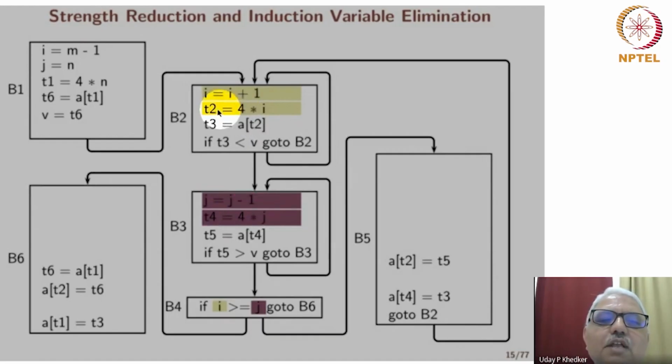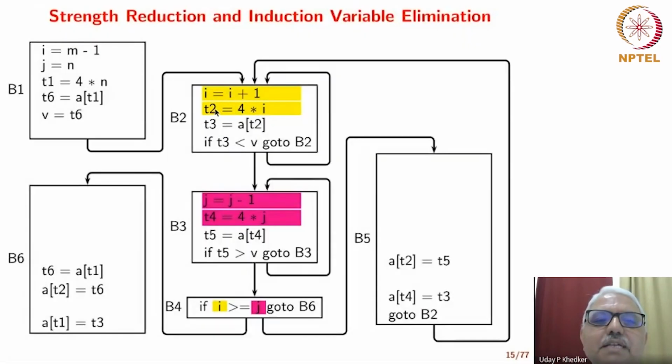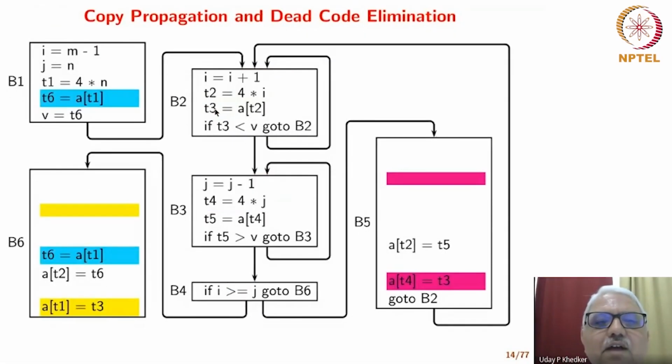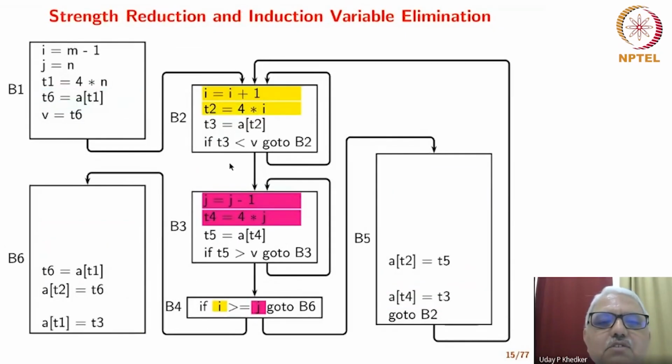Here the value of T2 increments by 4, which means that I and J are moving in lockstep. Okay, so what we can do is this comparison between I and J can be replaced by comparison between T2 and T4. The Boolean condition will still remain the same because the values are moving in lockstep.